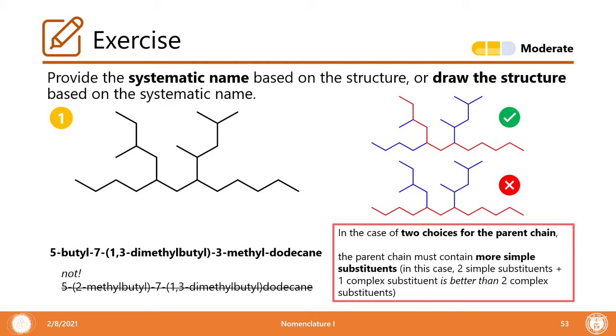We have a situation that I've mentioned in the earlier slides, that we have 2 choices for the parent chain, and both have an equal distance, but one gives, I will show this in blue, 2 small simple substituents, while the other gives 1 large complex substituent.